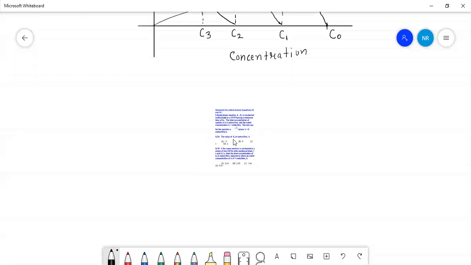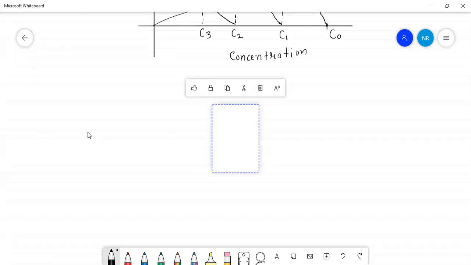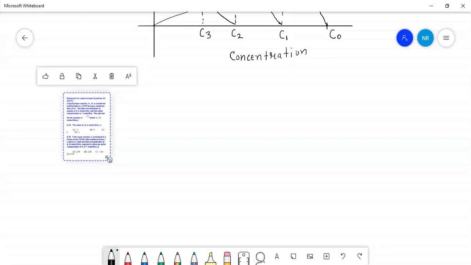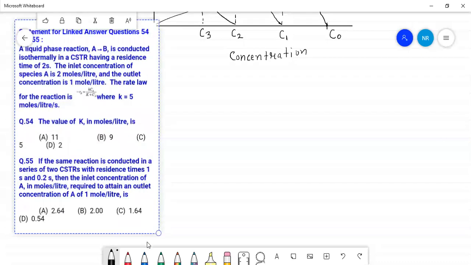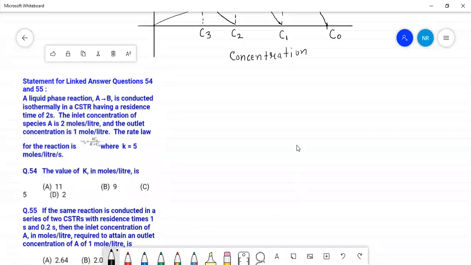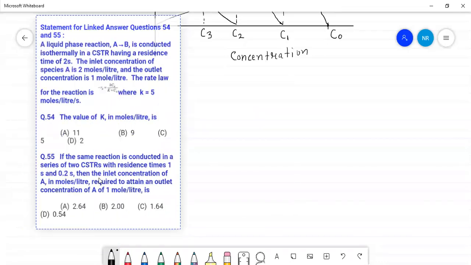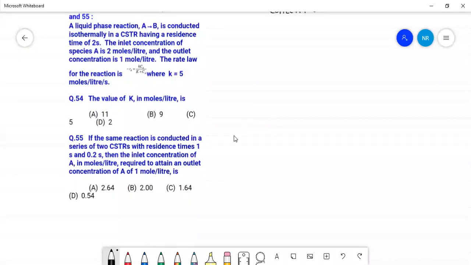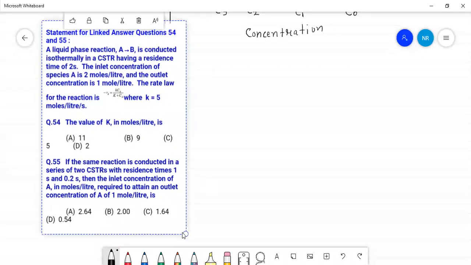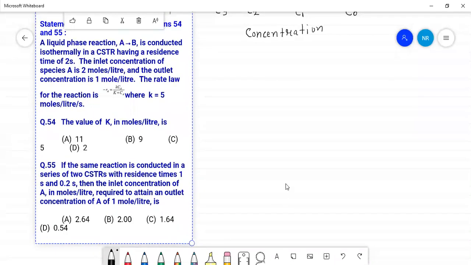We have to use the same equation: tau is equal to the concentration difference divided by the rate of reaction. As you see on your screen, there is an example. It's a combination of two examples, two examples in one question.